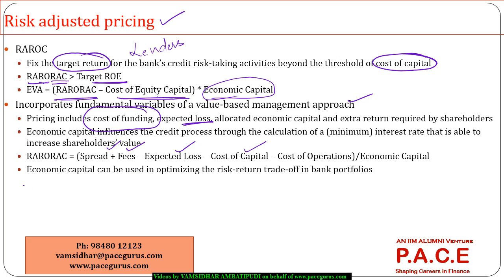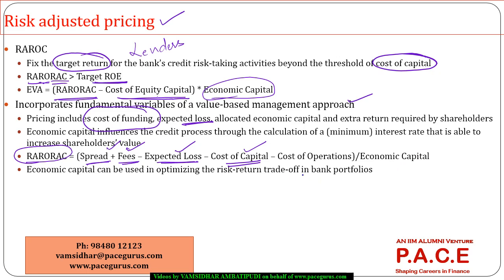So that is what, when we are computing the RAROC, we will take the spread and the fees. These are the two things that are contributing to the return. Expected loss has to be subtracted. Whatever is the cost of capital which we have got, multiplying it with the economic capital, the whole thing is divided by the economic capital.